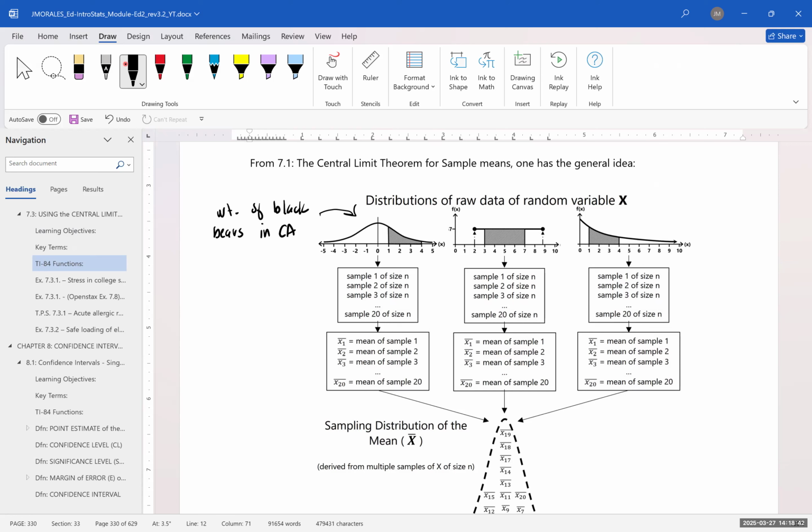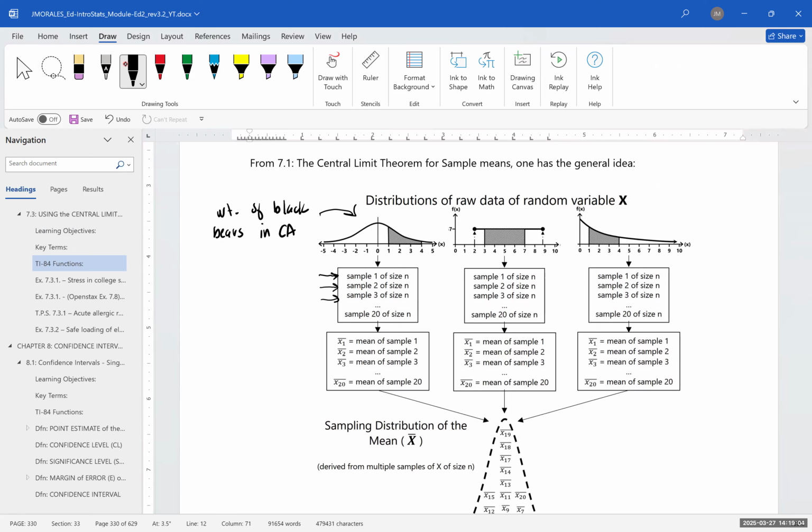Okay, now if the weights of the population of all bears in California is normally distributed, then we could go throughout the state of California and we could collect samples. So what I mean is we could trap maybe 16 bears in different locations and measure their weights.